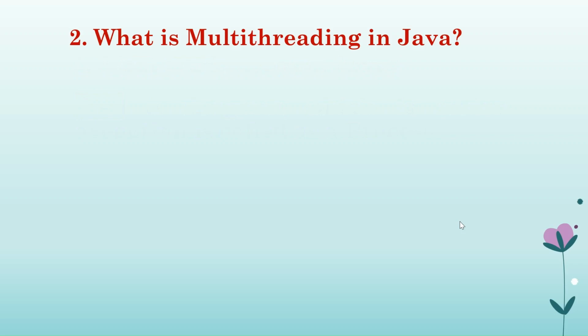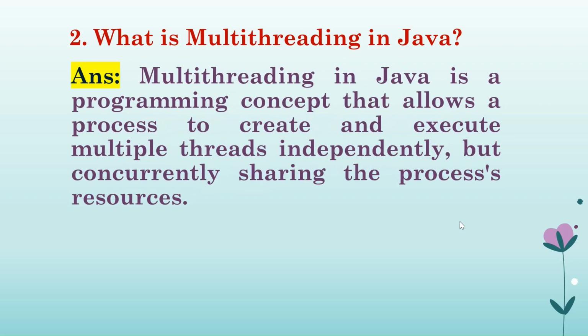What is multithreading in Java? Multithreading in Java is a programming concept that allows a process to create and execute multiple threads independently, but concurrently sharing the process's resources. So one process can be divided into sub-processes. A sub-process is called a thread.